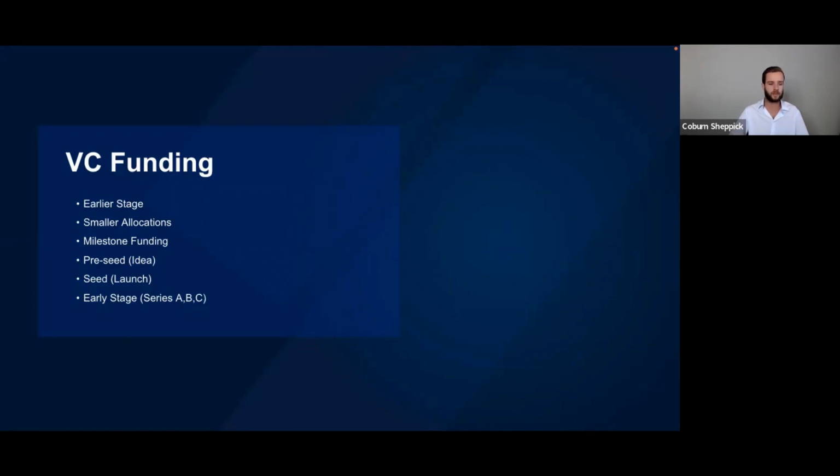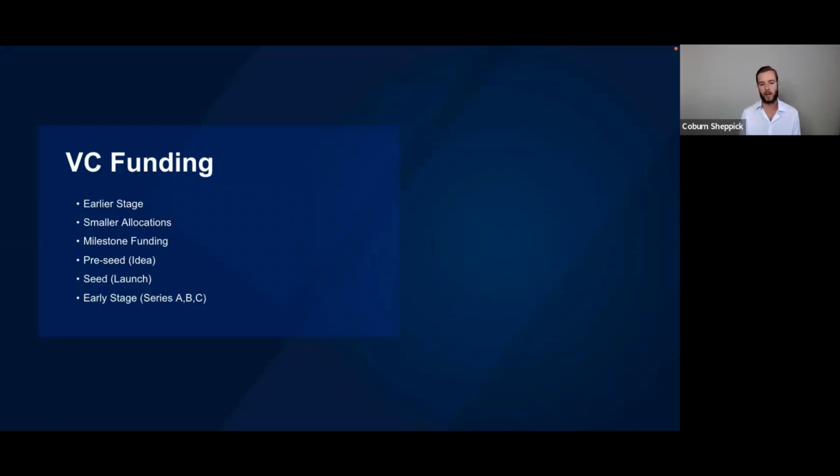And lastly is the sectors. Private equity can focus on distressed deals, taking public companies that might be struggling and taking them private. We'll see what's going on with Twitter right now, which is a public company.